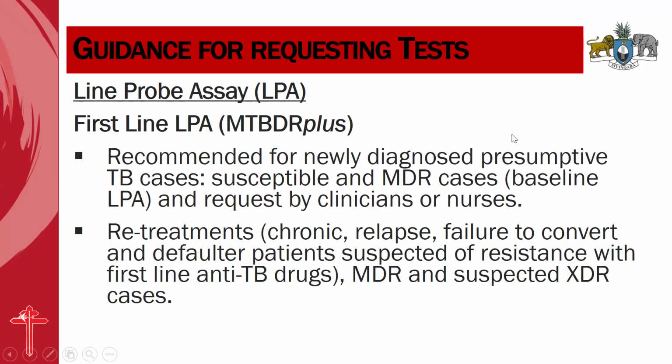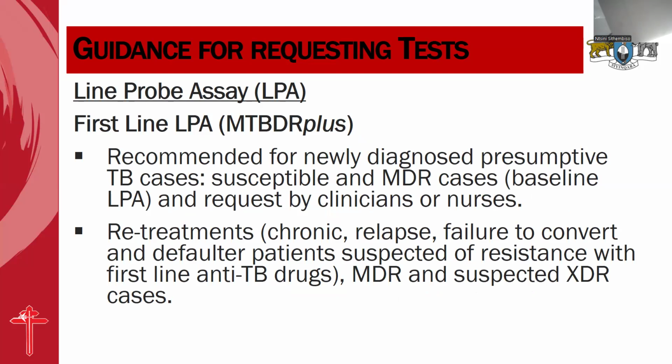So with the first-line LPA, you can remember from the previous slide that the line probe assay is a genotypic test. This one is recommended for newly diagnosed presumptive TB cases, susceptible and MDR cases. So baseline LPA is requested by clinicians or done by nurses.